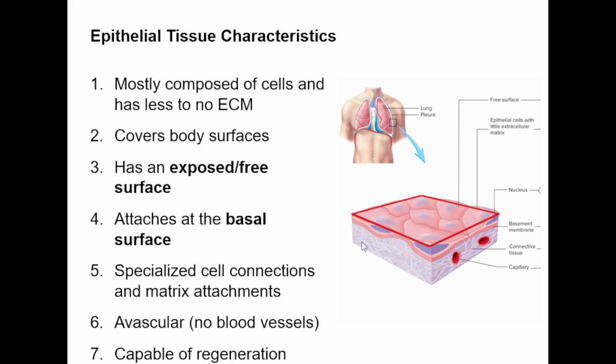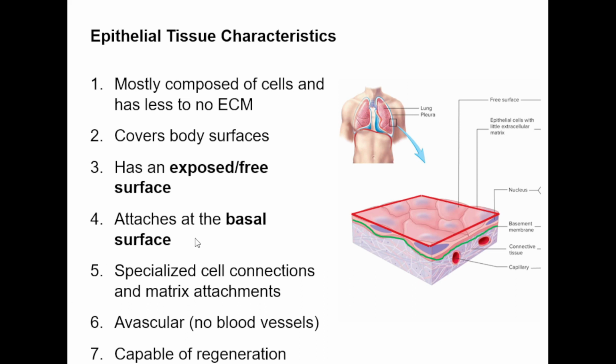And then, the one that is attached to the bottom, to those underlying substances, we call that the basal surface, which is highlighted by that green line. Okay? So, free surface is the topmost surface. Nothing is attached to it. There's no more attachments to it. And then, the bottom surface, the one that is attached to the underlying substances, we call it basal surface.